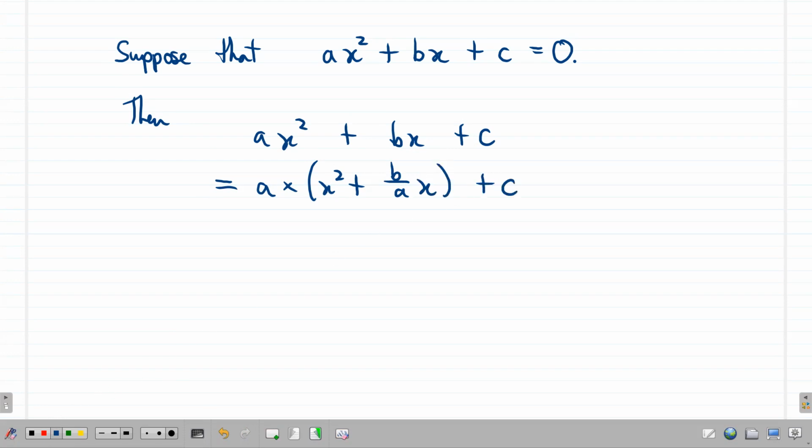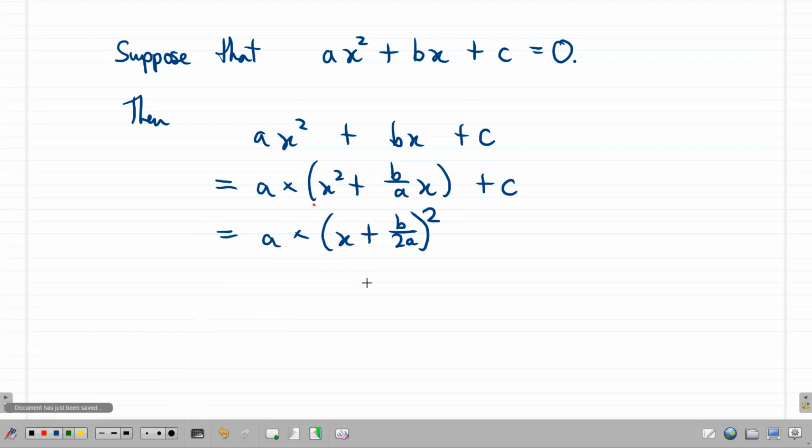What I want to do now is write the term in brackets here as something all squared. So I need to figure out what is the something that I need to square here. So I claim it's x plus b over 2a, all squared.